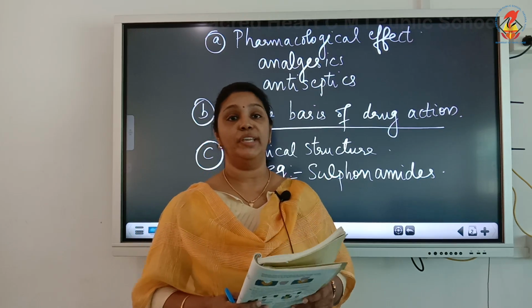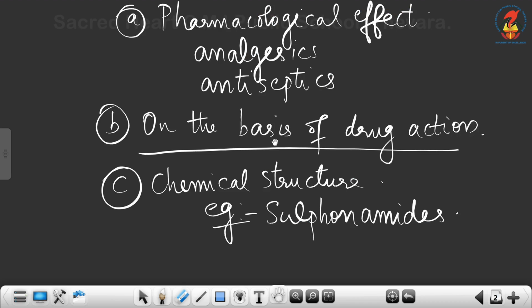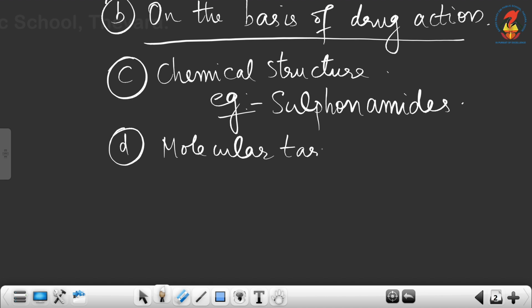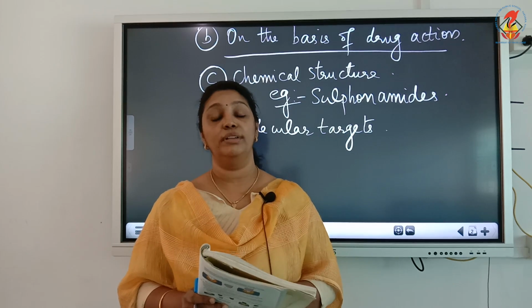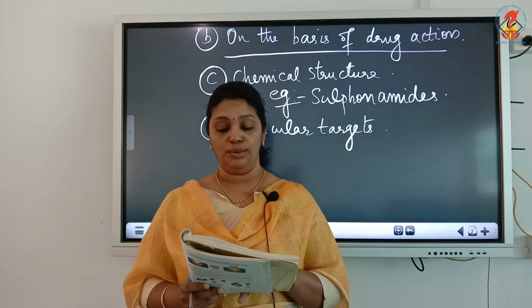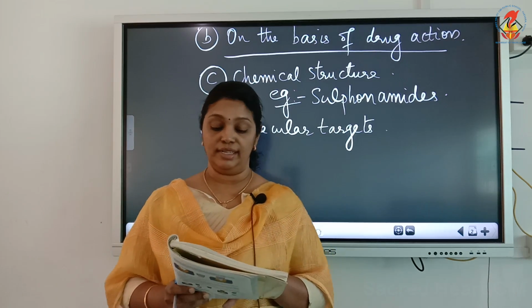Now the last classification is based on the molecular targets. I told you drugs interact with biomolecules, or the molecular targets, which are carbohydrates, lipids, proteins and nucleic acids, and they are called the target molecules or drug targets.